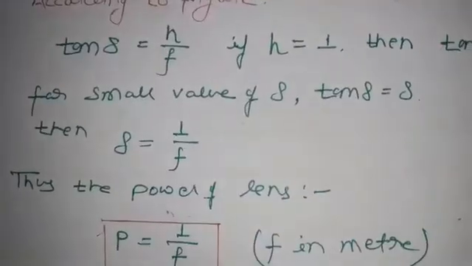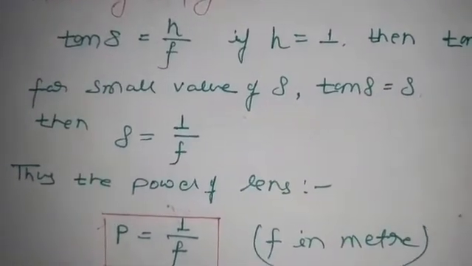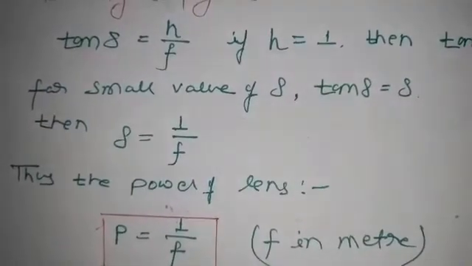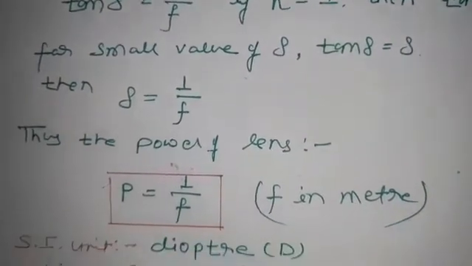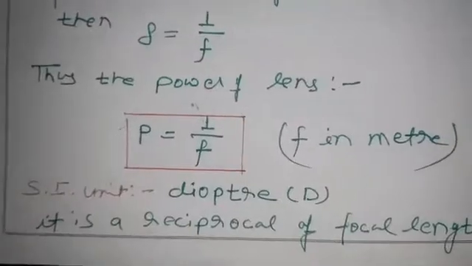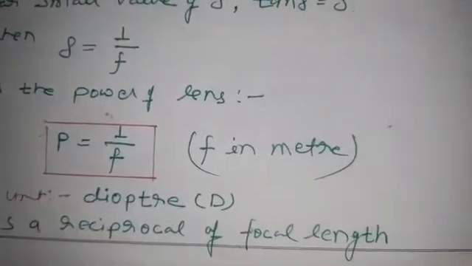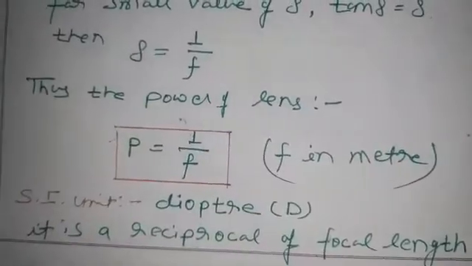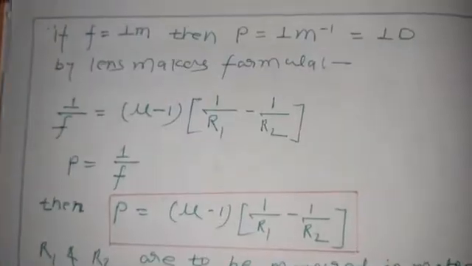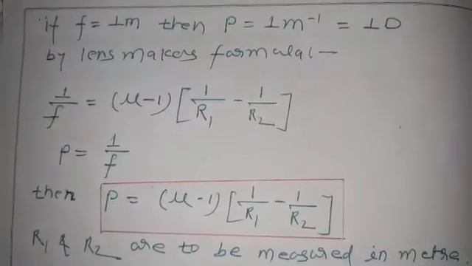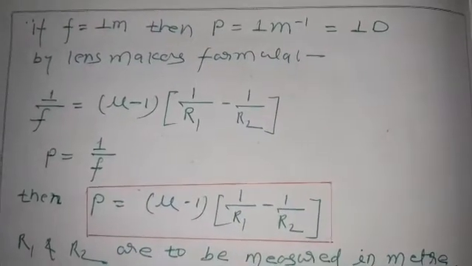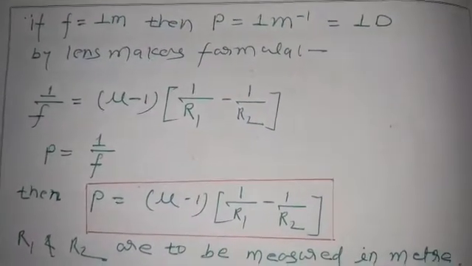You can also say that the power of lens is the reciprocal of focal length. SI unit is diopter. If focal length is 1 meter, then power is 1 m inverse, also called 1 D.